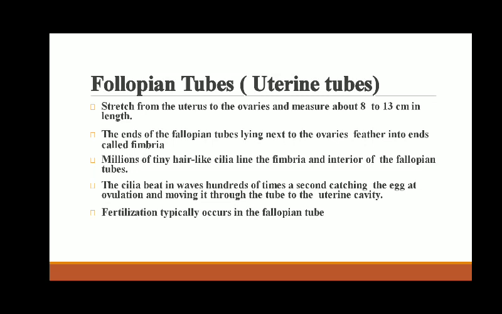Millions of tiny hair-like cilia line the fimbria and interior of the fallopian tubes. The cilia beat in a wave hundreds of times a second, catching the egg at ovulation and moving it through the tube to the uterine cavity. Fertilization typically occurs in the fallopian tubes.